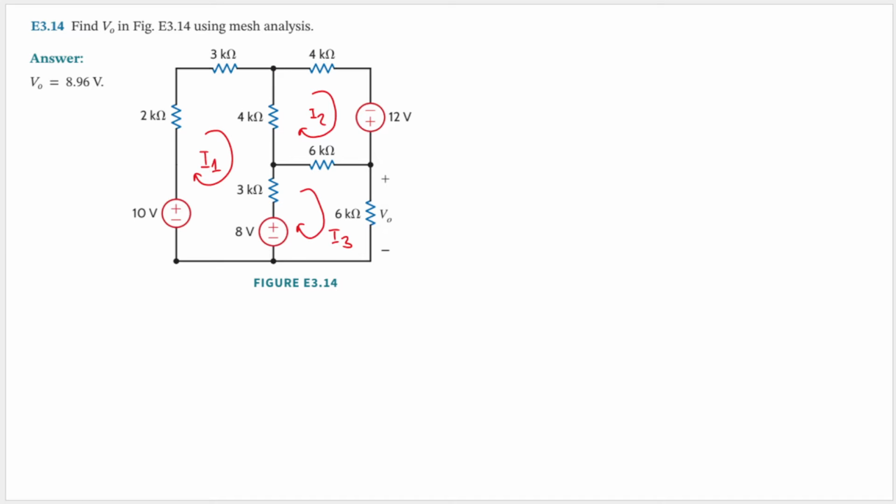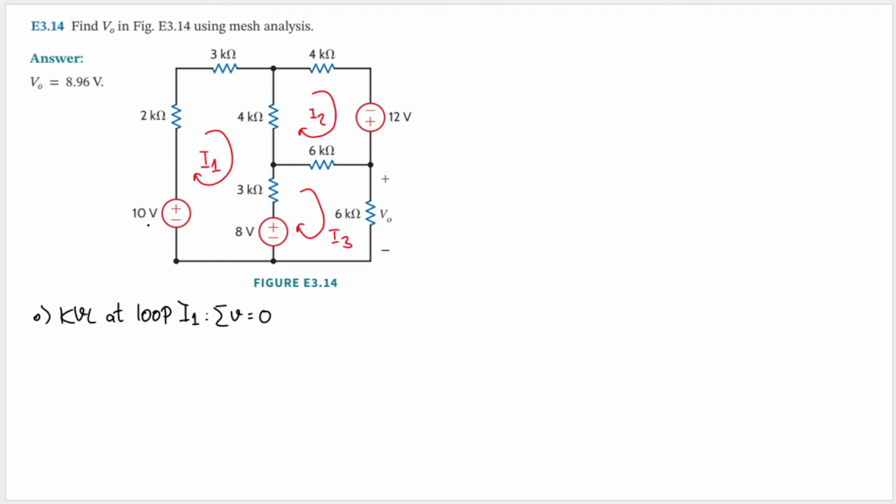Good. Now let's start with using KVL at loop I1. KVL said that the sum of the voltage in a loop will equal to 0.